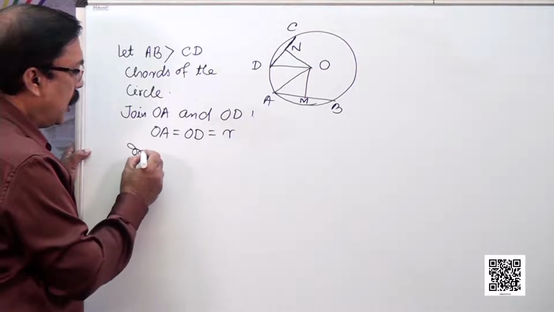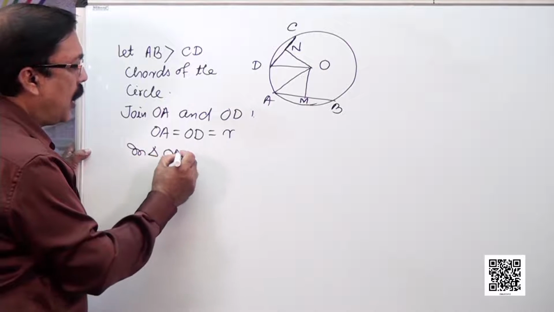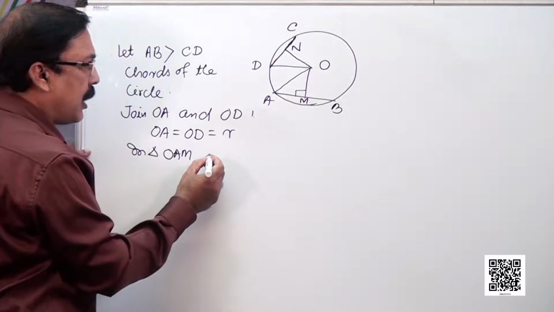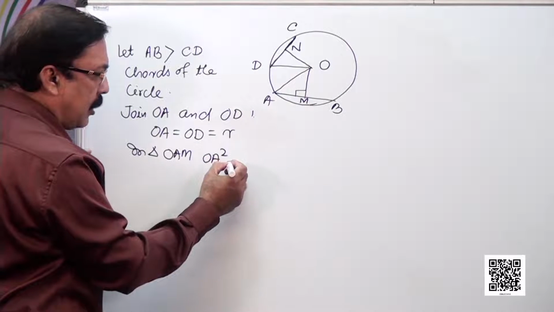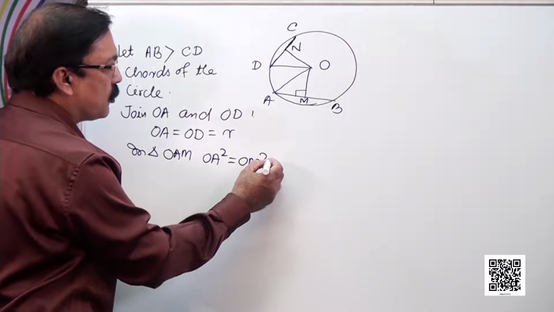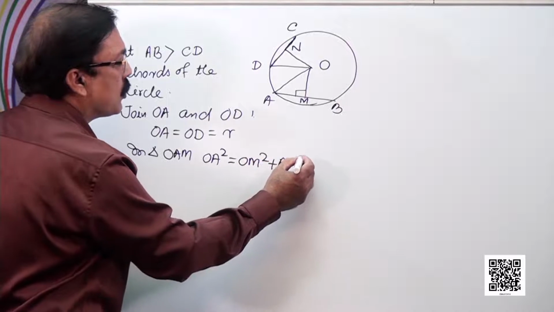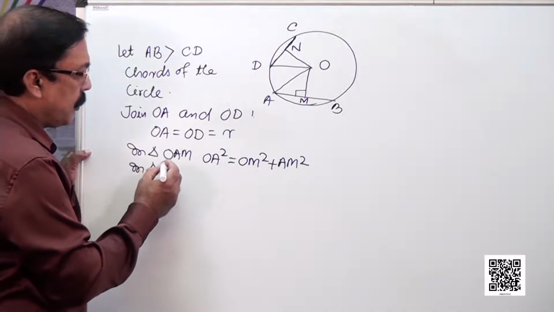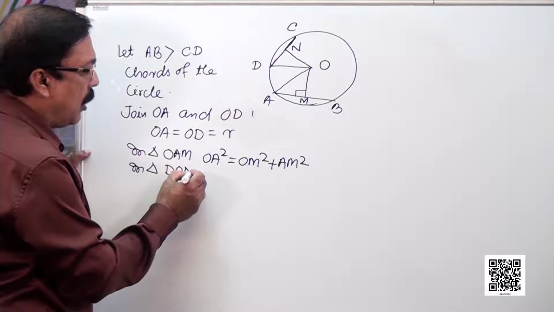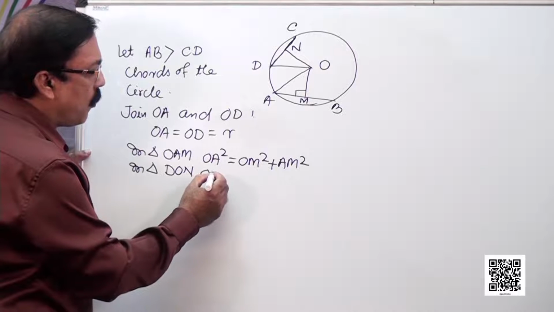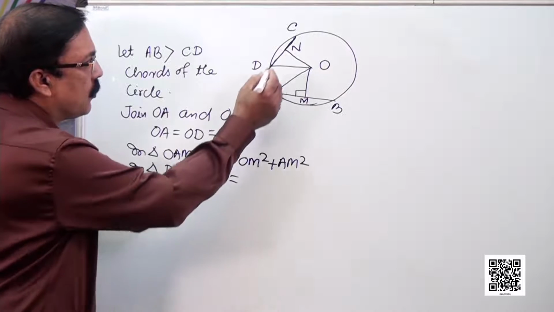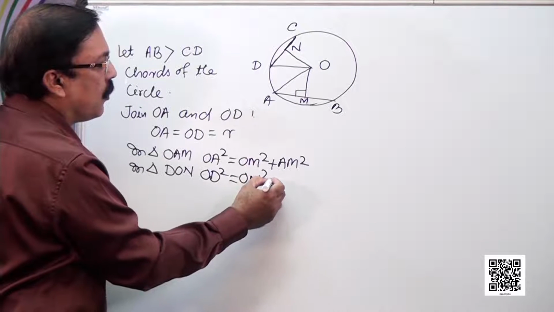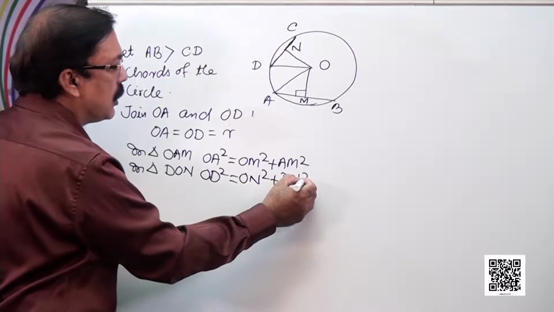Now in triangle OAM, which is a right angle triangle, we can say OA square is equal to OM square plus AM square. Similarly, in triangle DON, we have OD square is equal to ON square plus DN square.